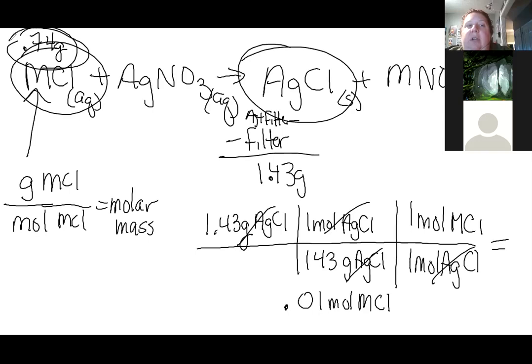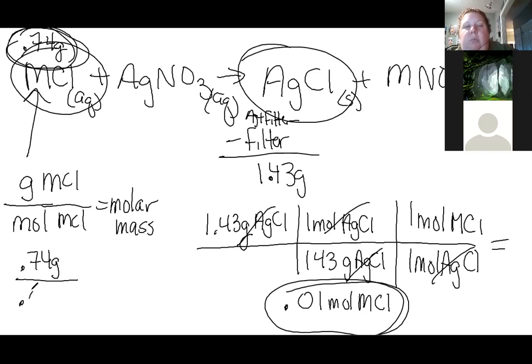So now I've got my grams of MCl and I've got my moles of MCl. So if I take 0.74 grams divided by 0.01 moles, that gives me 74 grams per mole. So that's the molar mass of my whole compound of MCl.